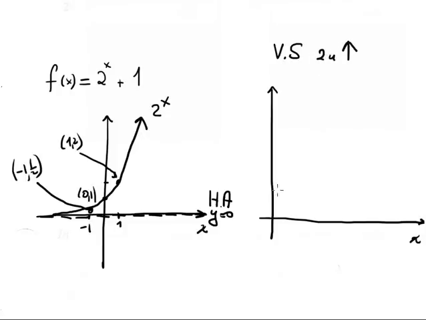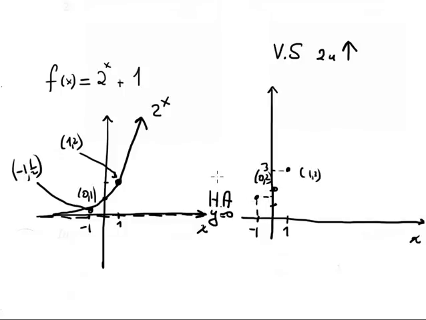So the points change. This point (0,1) becomes (0,2). This point (1,2) would be (1,3). (1,3) is here. And this point (-1,1/2) would be (-1,1.5). 1.5 is here.